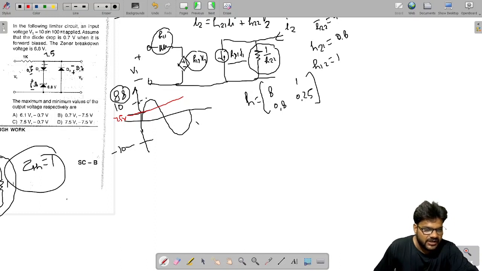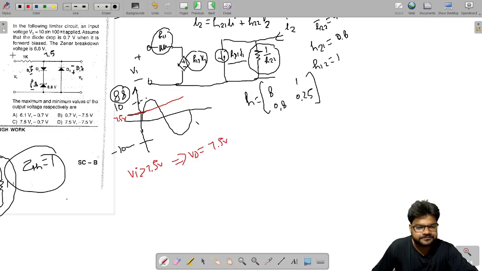If, let us say, it is 8 volt, then this diode will be on, and this Zener diode will also be in breakdown. It means the overall voltage drop here will be greater than 7.5 volt. So if Vi is greater than 7.5 volt, then V output will be fixed at 7.5 volt, because D2 will be off.